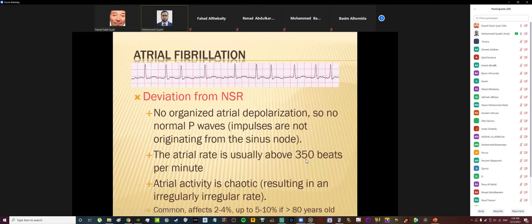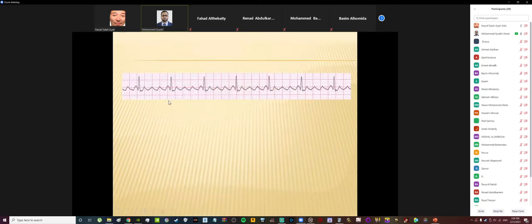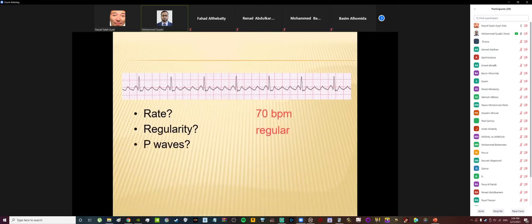If you come to the flutter, there is a regular rhythm first of all. And the flutter waves or atrial waves, if you count them, cross 250 beats per minute, so between 250 and 300, but it will not cross 300 beats per minute.